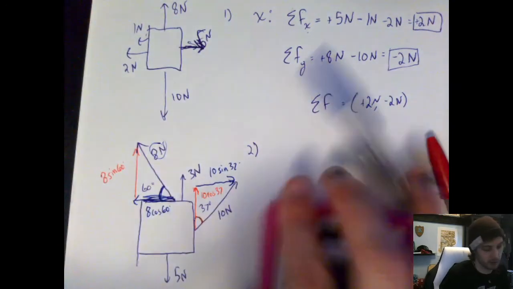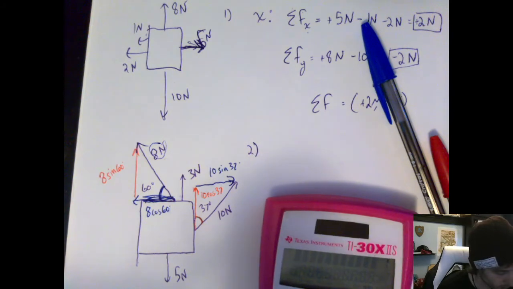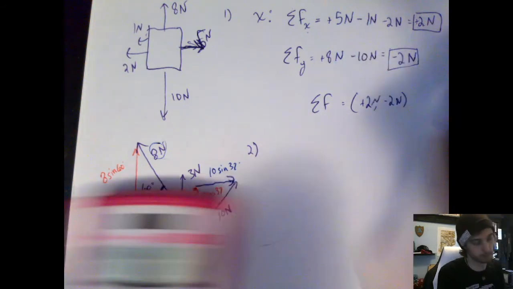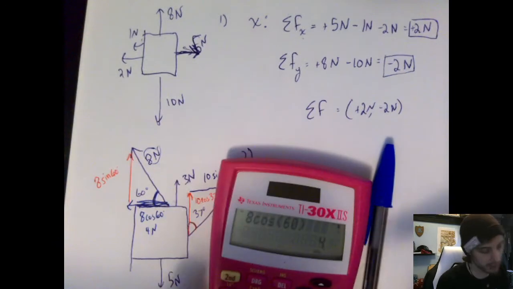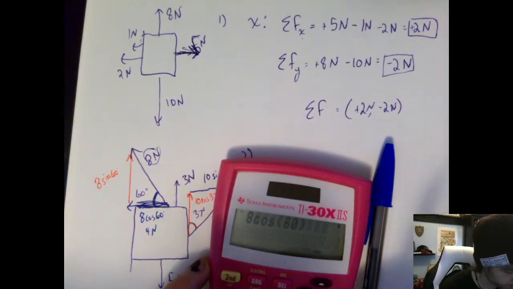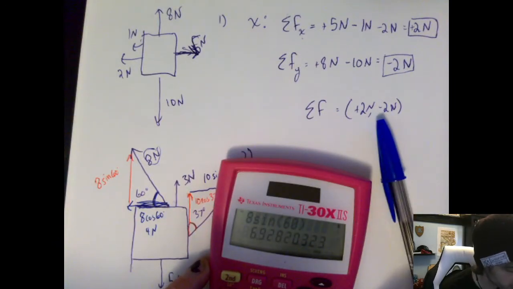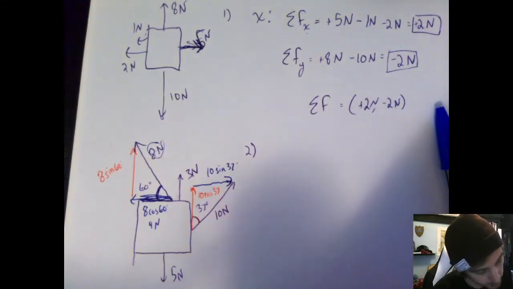Taking those and throwing them into a calculator, we've got 8 times the cosine of 60, which is 4. We've got 8 times the sine of 60, which is 6.9.